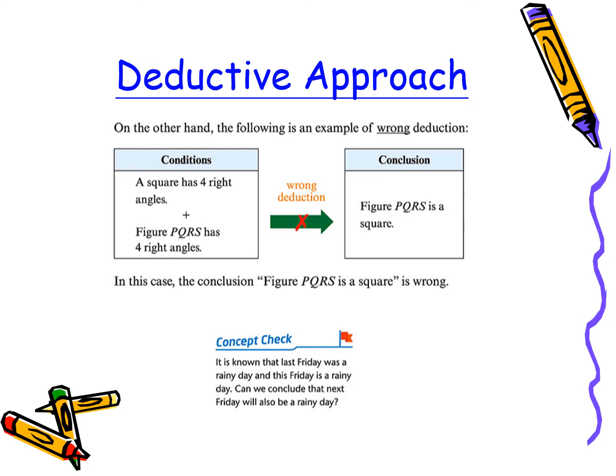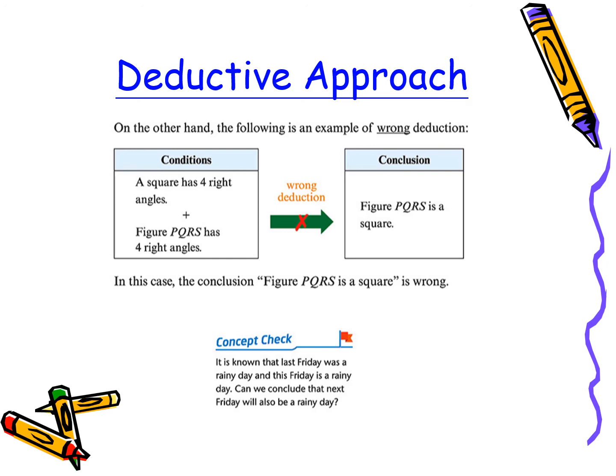However, sometimes we may have some wrong deduction. This is one counterexample. If you are given the condition that a square has 4 right angles and a figure PQRS has 4 right angles, can you say that the figure PQRS with 4 right angles is a square?